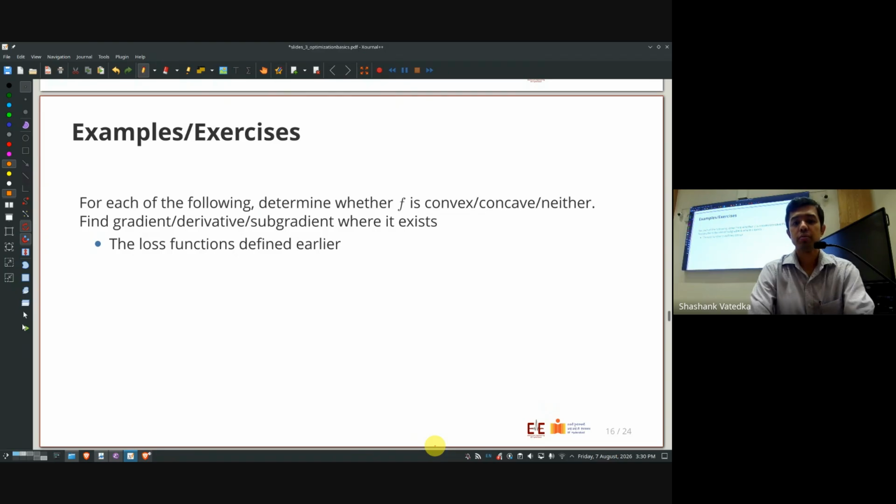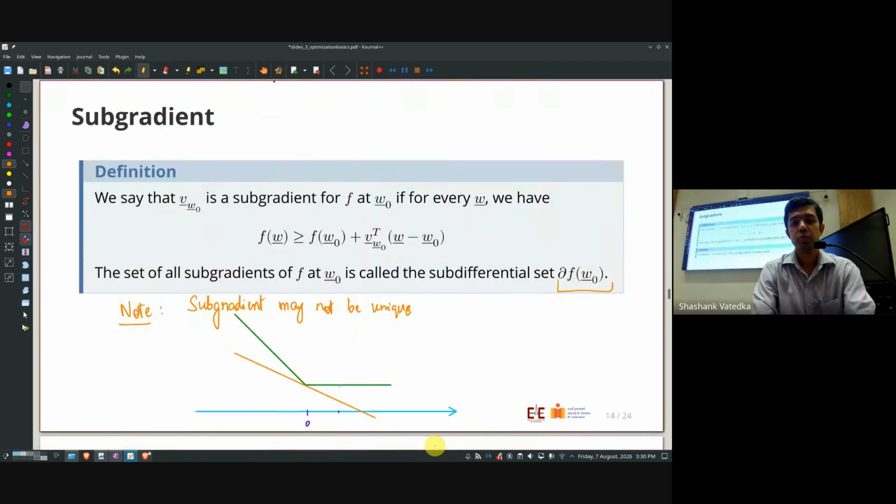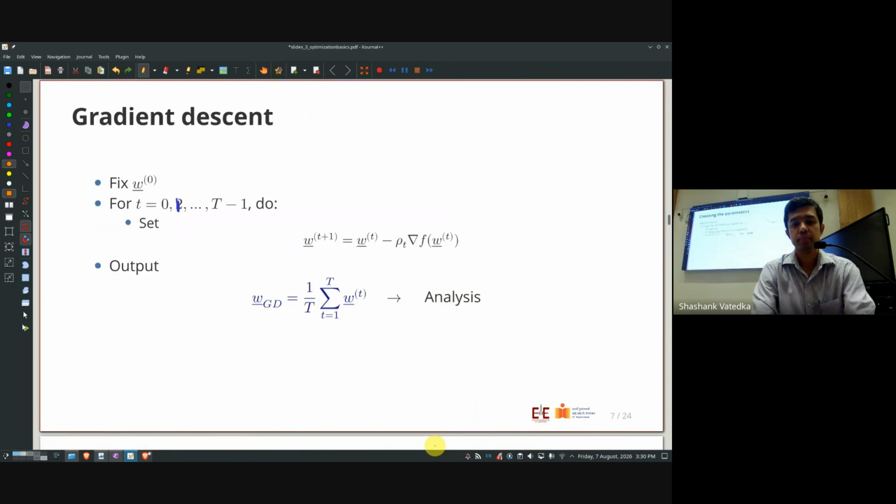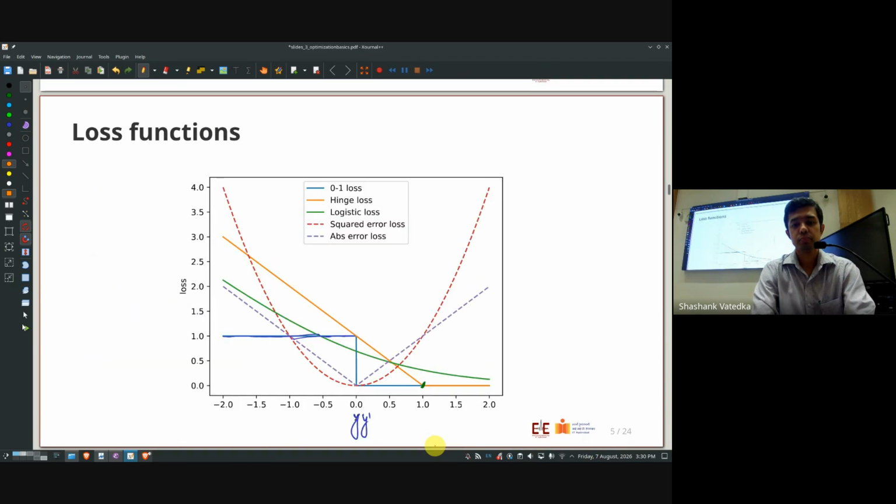So one set of examples is all of the loss functions that we had earlier, which included the 0-1 loss, the hinge loss, the logistic loss, the squared error loss, and the absolute error loss, where you take the variable to essentially be just y prime. All right.